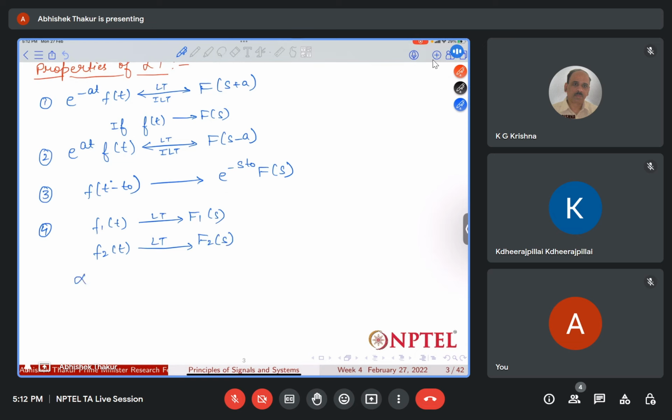Then when we take alpha into f1(t) plus beta into f2(t) and find the Laplace transform, the value will be alpha F1(s) plus beta F2(s). But when you talk about the region of convergence, suppose the first signal has region of convergence R1 and the second has R2. Then the region of convergence of the combined signal will be the intersection of both regions, that is R1 intersection R2.